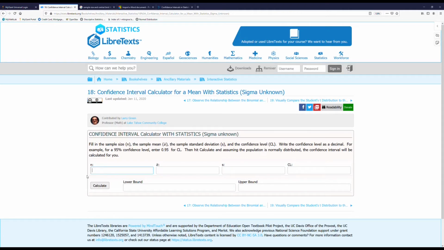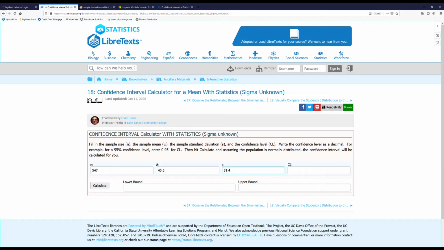If you're going to do this question on the computer, make sure you select the calculator that says confidence interval calculator for a mean with statistics. I need to enter the sample size. In our case, it's 547. The sample mean is 45.6. And we know the sample standard deviation is 31.4.